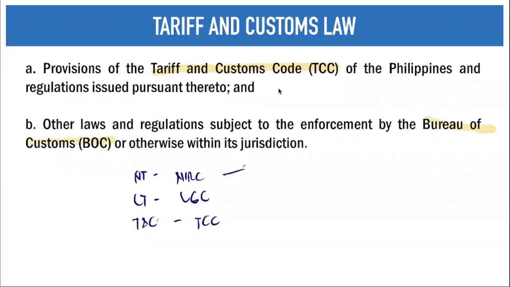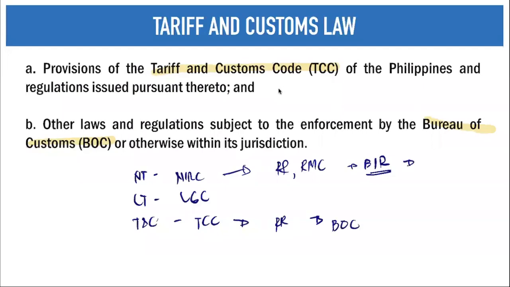In the case of the NIRC, you have different regulations, RRs and RMCs, coming from the BIR, because as I told you, national revenue taxes are administered by the BIR. But for the TCC, the Tariff and Customs Code, the different regulations come from the Bureau of Customs.